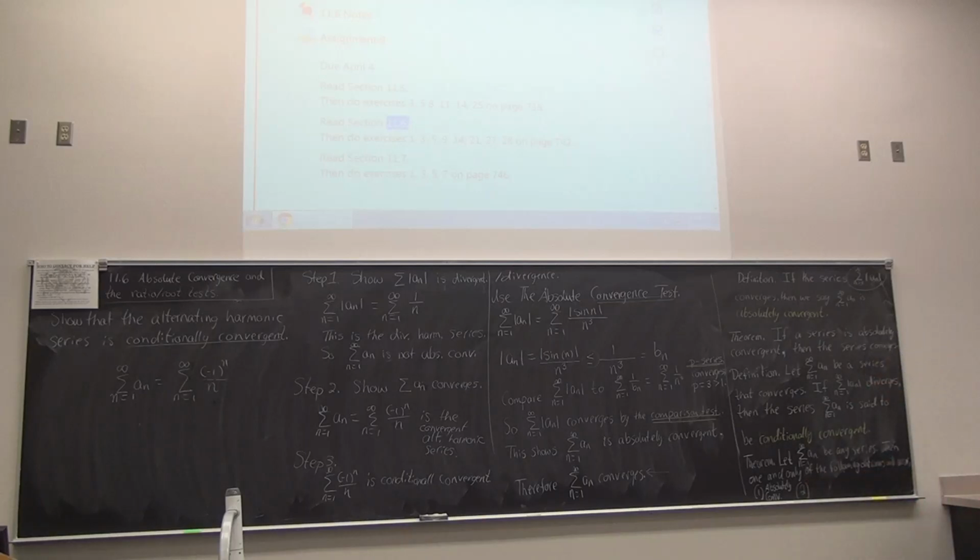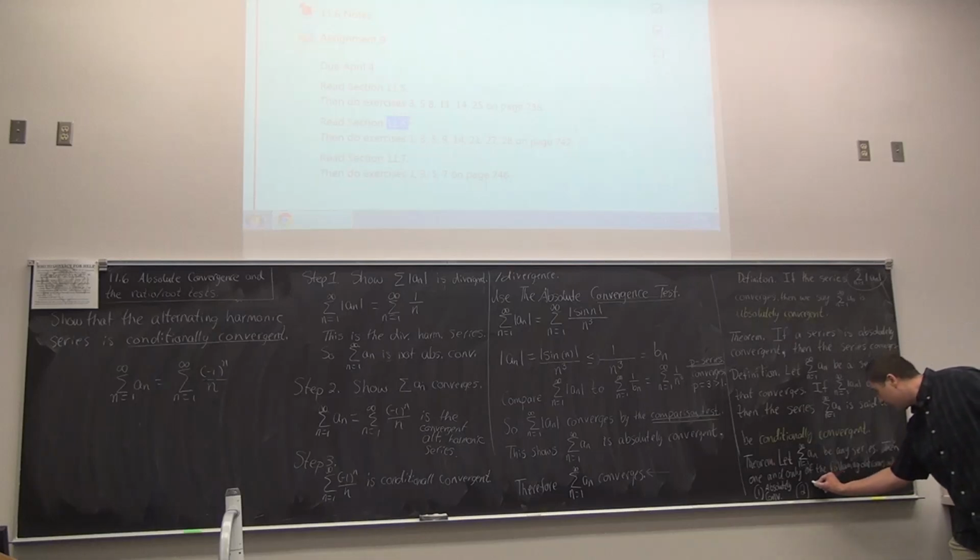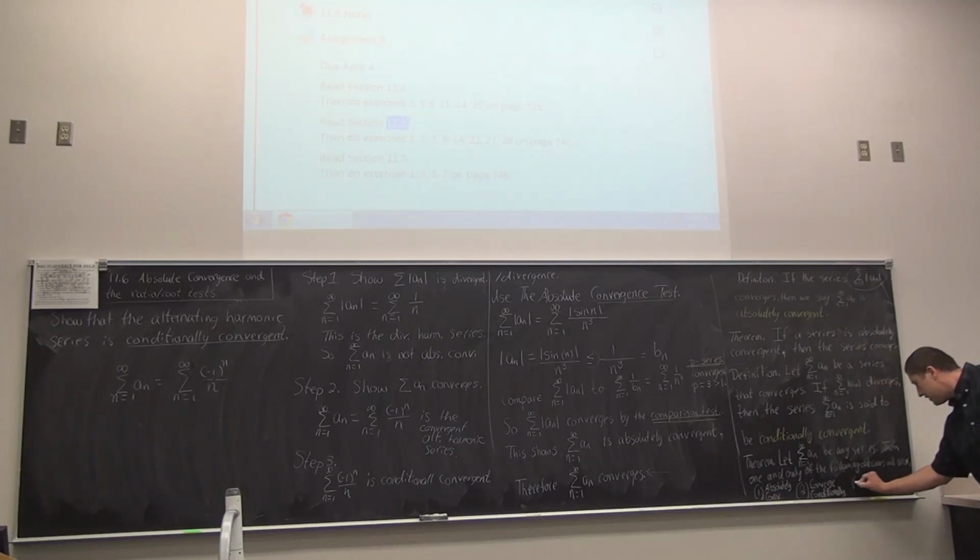The second thing that can happen is this weird case. The alternating harmonic series is definitely a very weird series. Things can converge conditionally. And the third case is it might diverge.